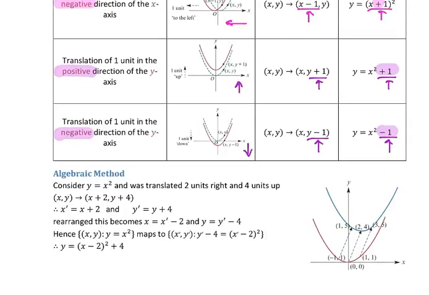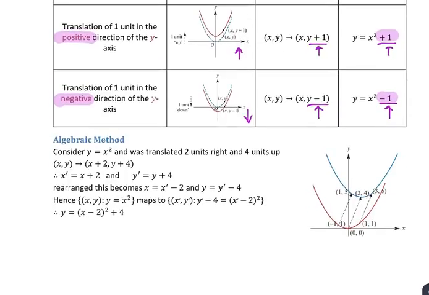The main method that we're going to focus on is this algebraic method, where we look at the coordinate points. So for instance, you can have a translation of 2 units right and 4 units up. That will take your coordinate point, where x is the pre-image and y is the image.